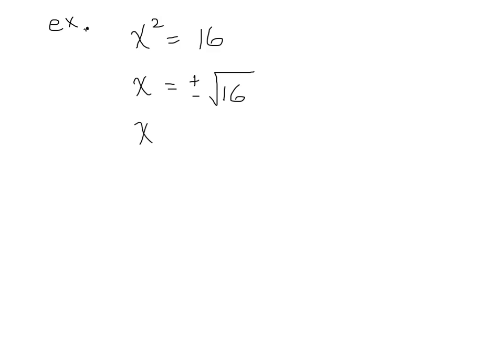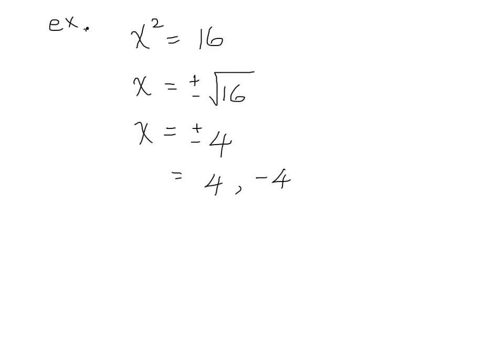So that means that x is equal to positive or -4, which is the same thing as saying 4 or -4. The point of that is just to remind you that it's super important that you remember that there is a positive square root as well as a negative square root.